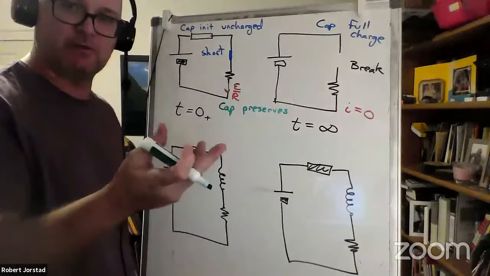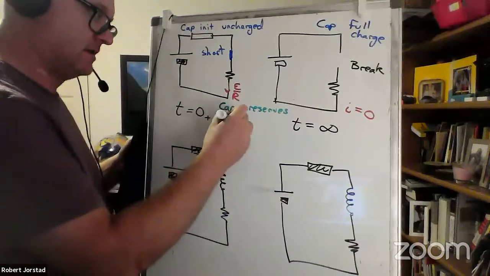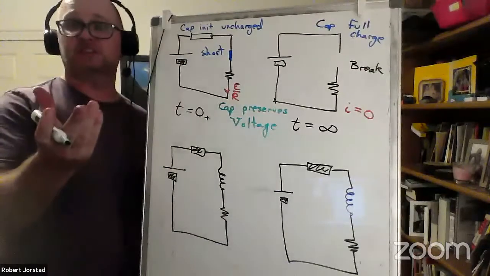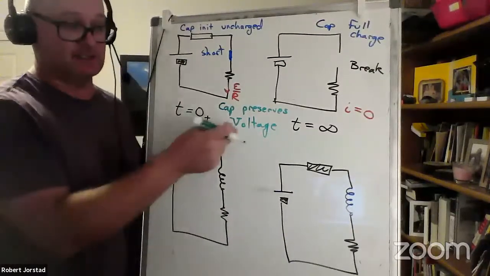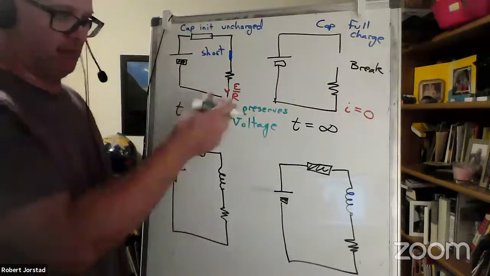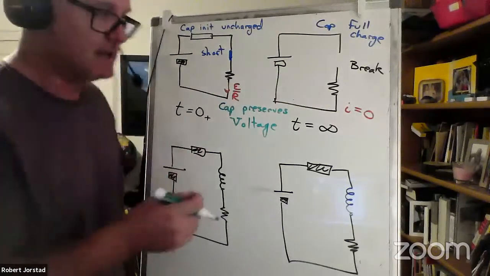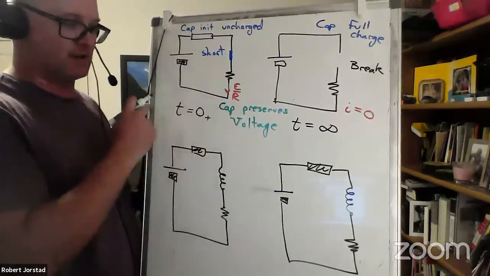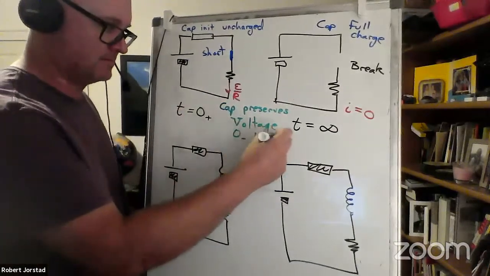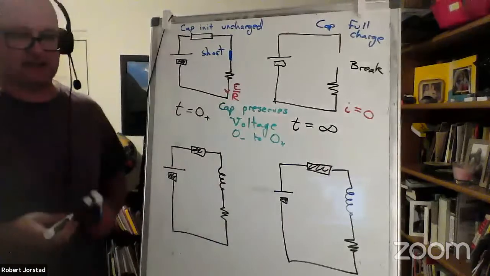Charge? Nope. Oh, well, that's related to it. Q equals voltage times capacitance. So do you agree when you say it preserves its charge, that's also analogous to preserving its voltage? Right. Yeah, and so the term that you'll hear electrical engineers saying all the time is, a capacitor preserves its voltage. That means the voltage doesn't change from 0 minus to 0 plus. So a capacitor preserves its voltage.